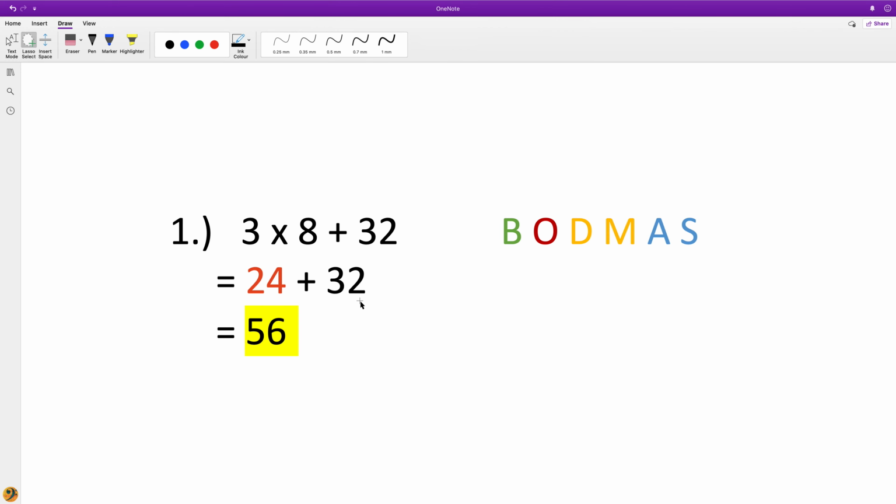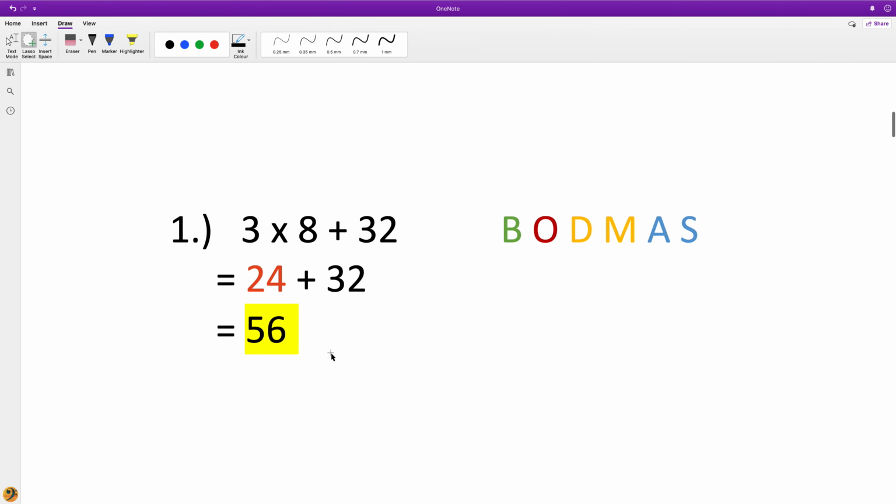So the first line of working out, to show all lines of working, is 24 plus 32. We've worked out this first part, and then we write down the rest of the operation, and then it's simply adding 24 plus 32, and we get 56.